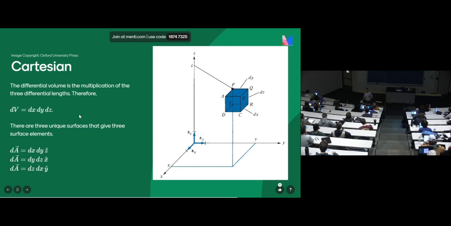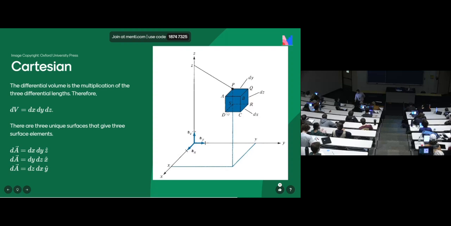The differential areas are more frustrating to deal with because now I have an area that is pointed out along the x-axis, one that's pointed up along the z-axis, or one that's pointing out along the y-axis. I think I got y and x mixed up. Out along the x-axis, out along the y-axis, or out along the z-axis. Let's take, for example, just this one that is pointed in the x direction, so this front face here.